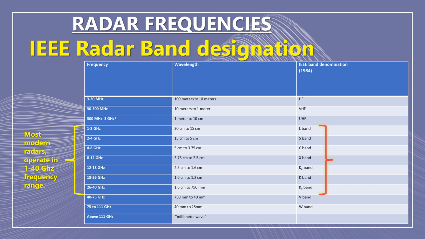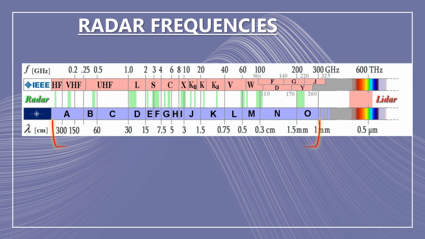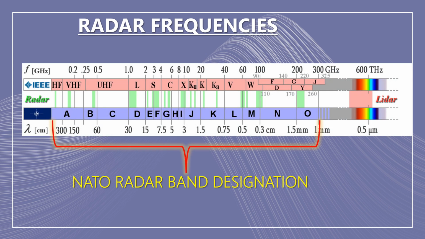Some special use radars do operate out of the L to Ka bands, as displayed in the next graph. In this graph, we can see the areas marked in green where radars operate, and we can also see another radar band designation system, that of NATO, which also uses letters to designate the bands.